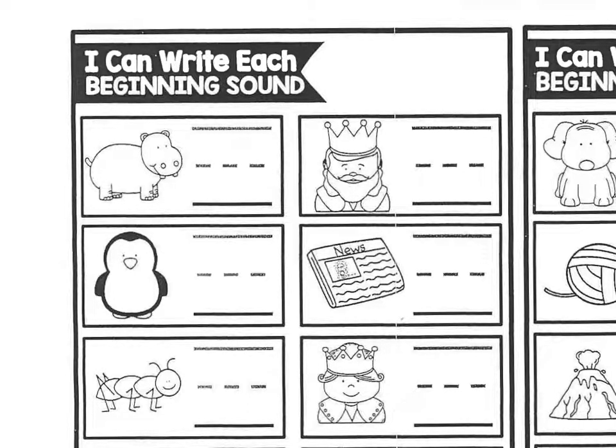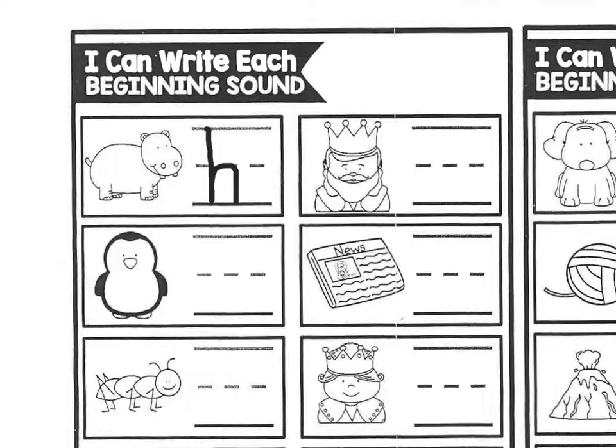Okay, so you can take your pencil and you will write the letter H along with Miss Salvador. So you're going to start at the top baseline. You're going to go all the way down to the bottom baseline. Then you're going to come up to the middle dotted line, and then you're going to make a curve and then straight back down to the bottom baseline. Okay, hippo starts with the letter H, and it makes the beginning sound H.